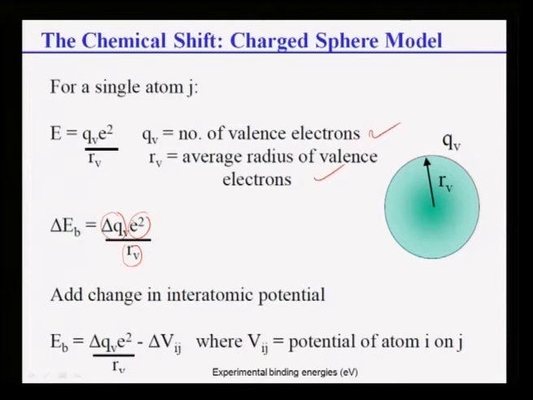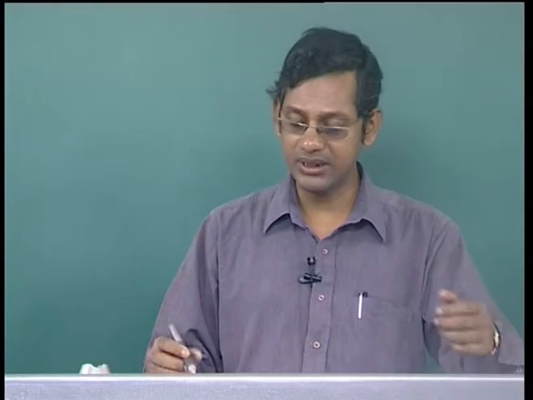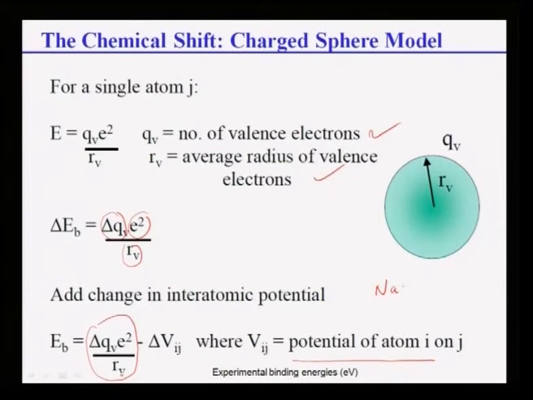So if I add the change in the interatomic potential because of this change in the binding energies, then E_B becomes the Coulomb term plus the quantity delta Q_v squared over r_v, as you see here. V_ij is the potential of atom i on j, for example Na and Cl. If Na gets one electron removed, there is a change in the binding energy.